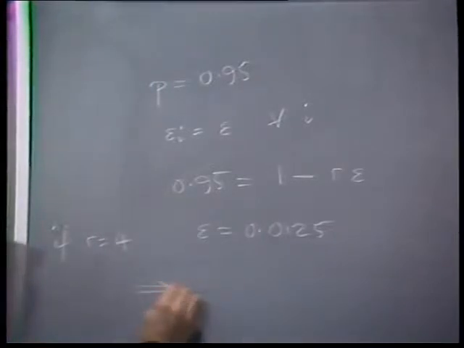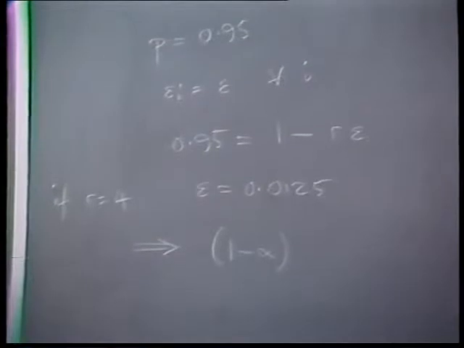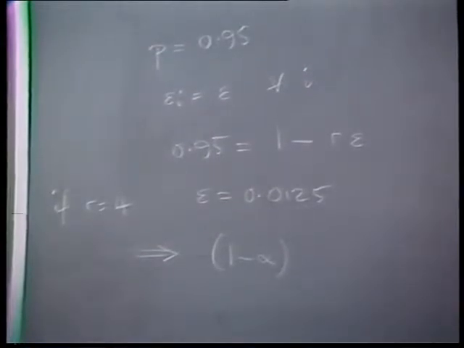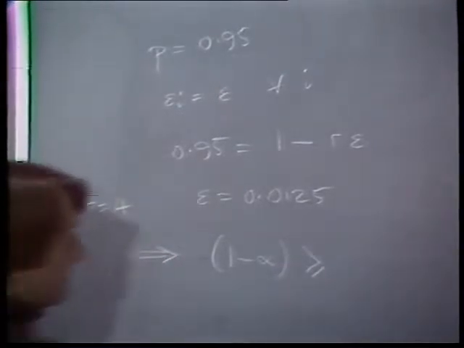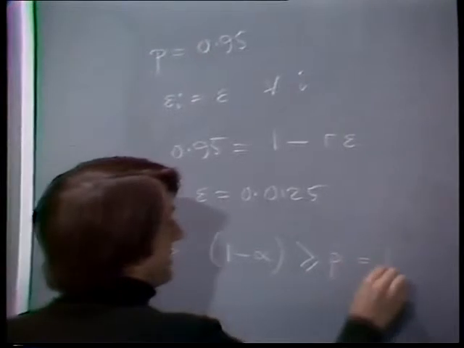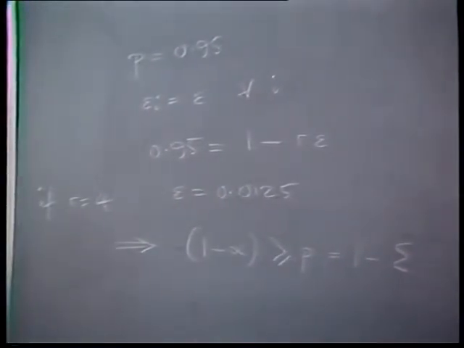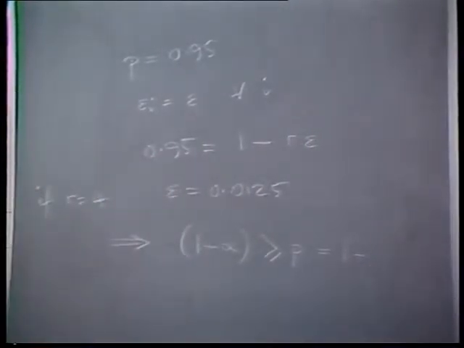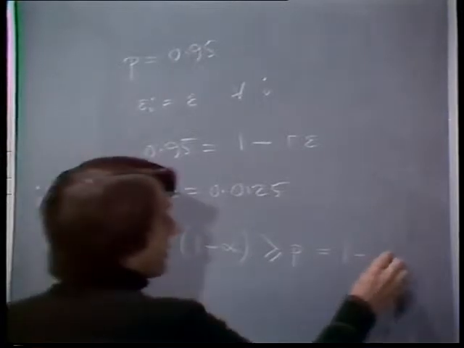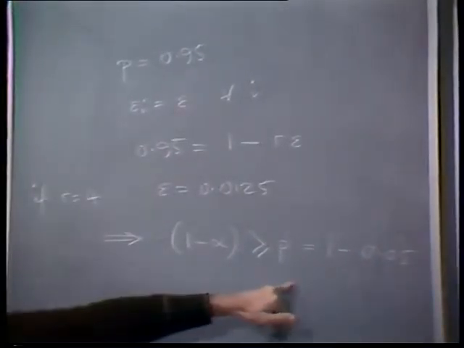And the implication of that is that 1 minus alpha, which is the probability of not rejecting H naught when H naught is true, will be greater than or equal to P, which is equal to 1 minus the sum of the epsilons, which here is R times the common epsilon, which will be 0.05. In other words, it is 95%.